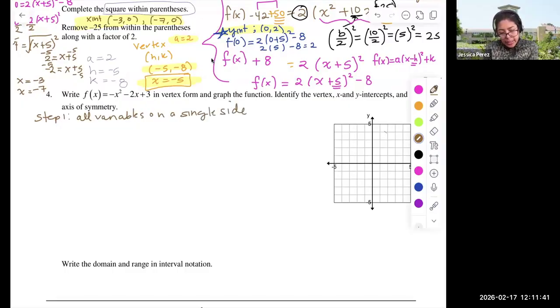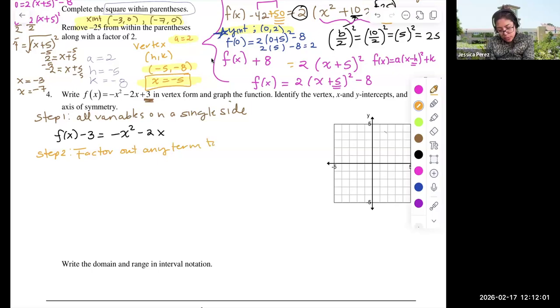To do that, I'm going to move the 3 over. So it's going to look like f of x minus 3 is equal to negative x squared minus 2x. Then step 2: factor out any term so that we have 1 as a leading coefficient.